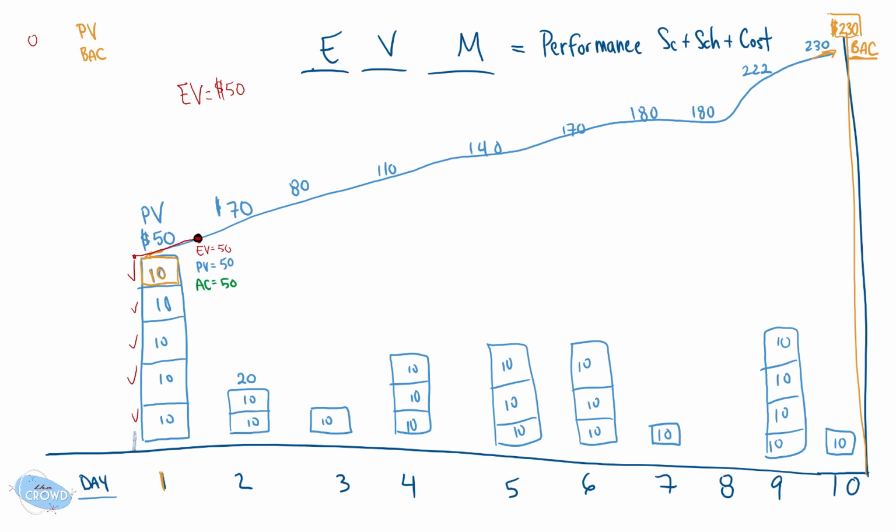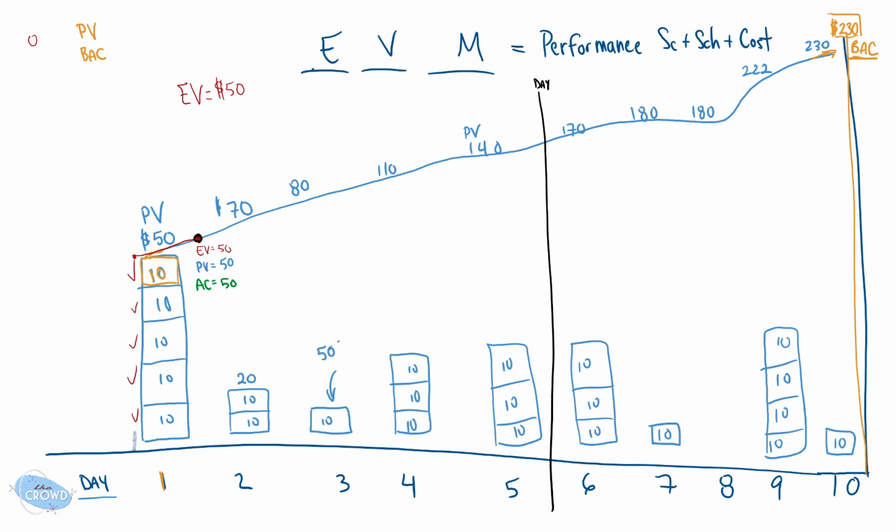And let's fast forward to halfway through our project. At the end of day 5, we had a planned value of 140. Now, here's another question I want to ask you. Since I didn't bring this up before, let's say at day 3, this one, there's only one thing to do.